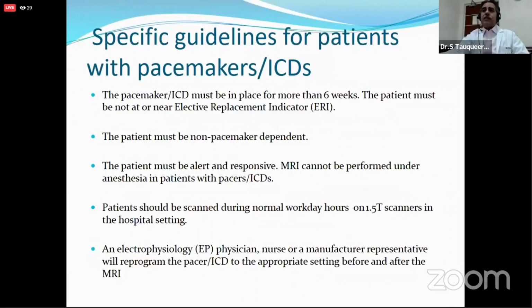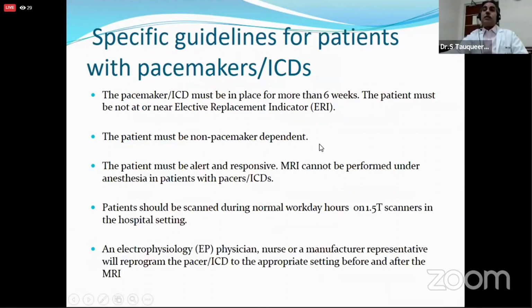Specific guidelines for patients with pacemakers. Coming back to pacemakers again, patients who have been implanted with pacemakers can be taken up for MRI after at least 6 weeks. They are supposed to be taken up only at 1.5 Tesla scanners because MR conditional devices work only at 1.5 Tesla.